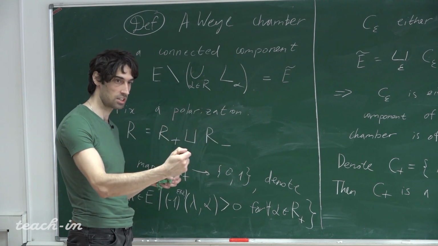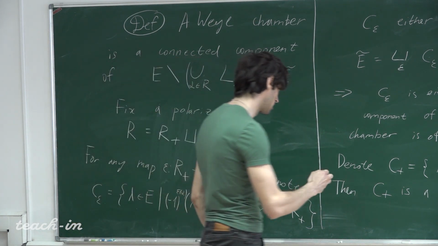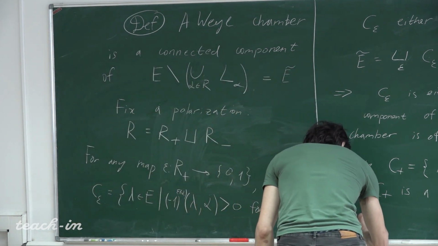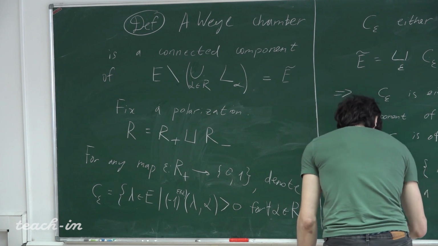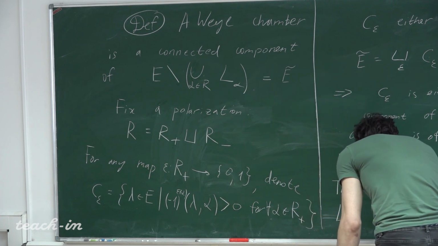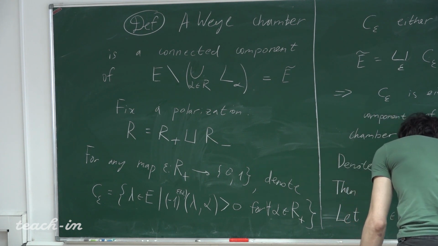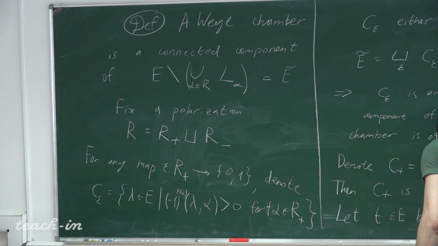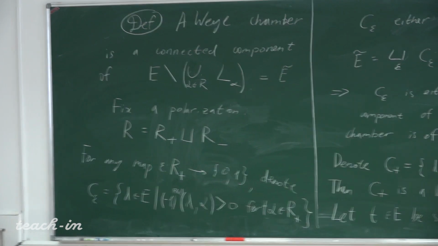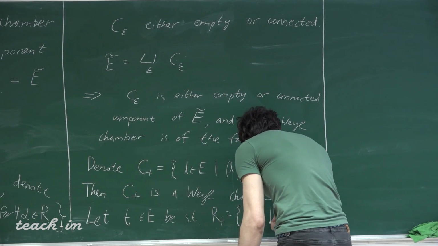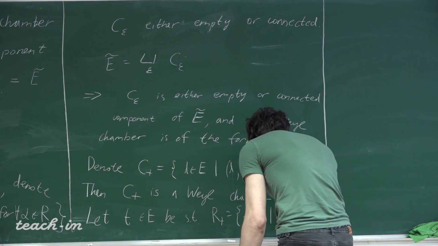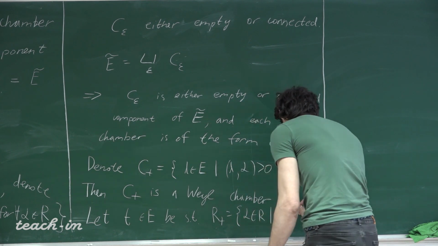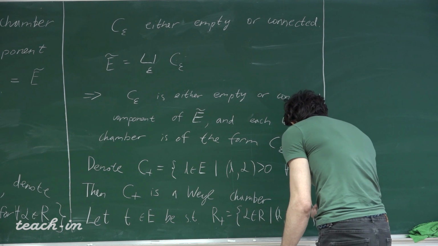So let me take this element. Let T in E be such that R plus is defined by the following: it's all alpha in R such that alpha with T is greater than 0.